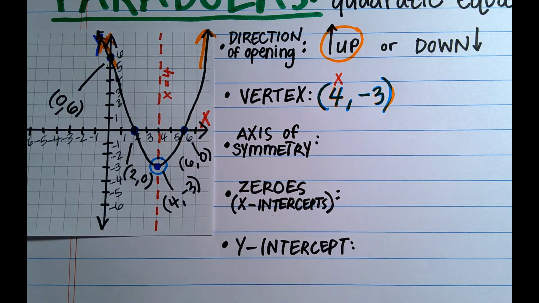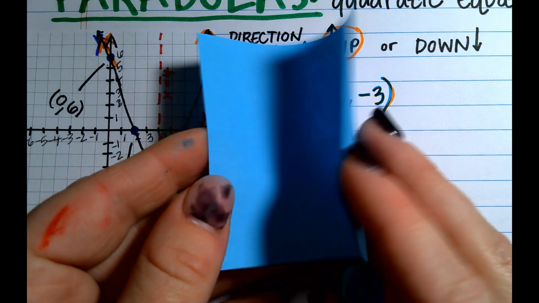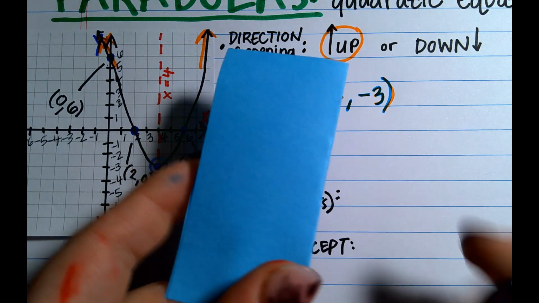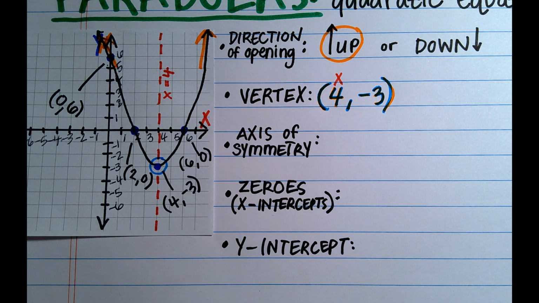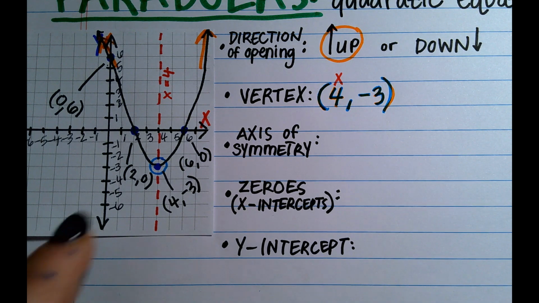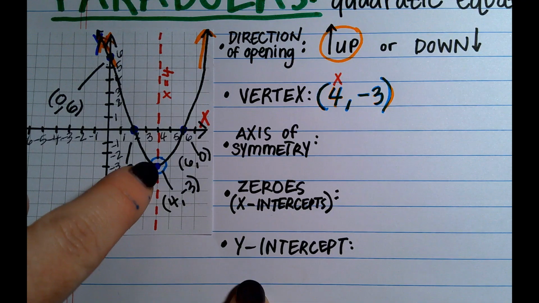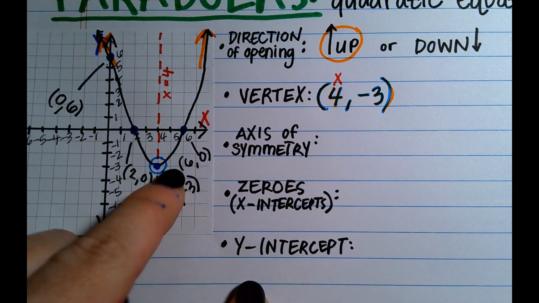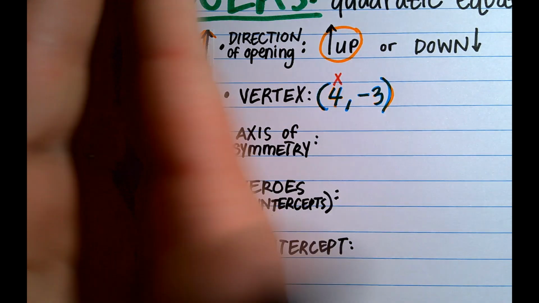This square is symmetrical because I can fold it in half and the sides match. It's the same. There's symmetry there. So this is our axis of symmetry because this is the point where this side is a reflection of that side.